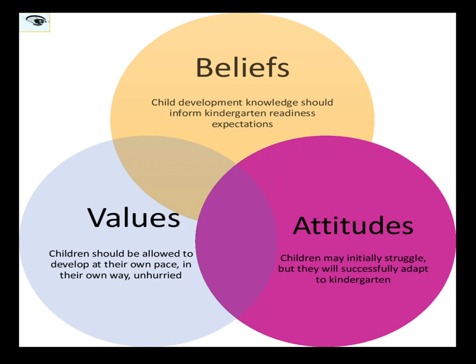So together we have our beliefs, our values, and our attitudes. But they need to be distinguished, because these are three different terms. And this is how we can understand what our beliefs, our values, and our attitudes are.